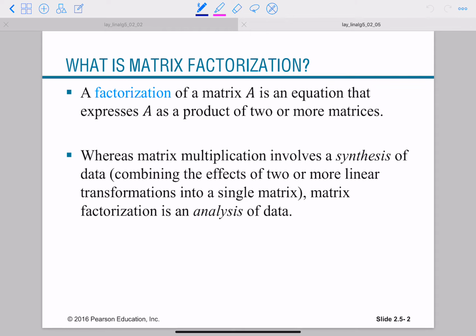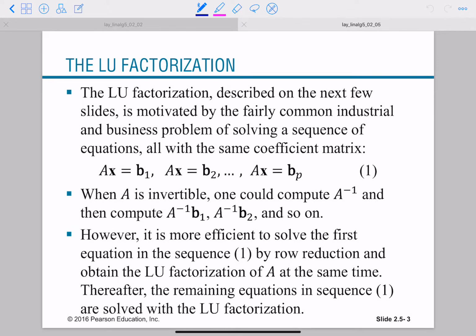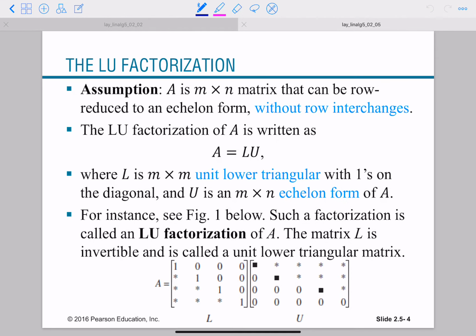And then in this particular chapter, we will study one basic matrix factorization called LU factorization. The main intuition of this LU factorization is as follows.